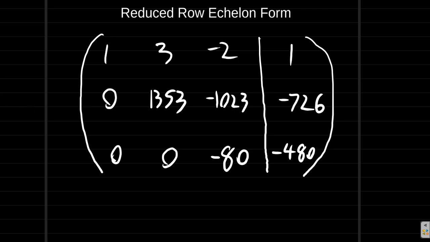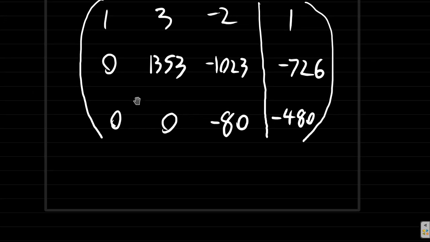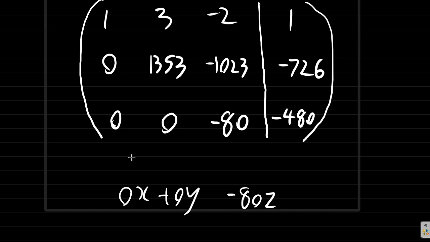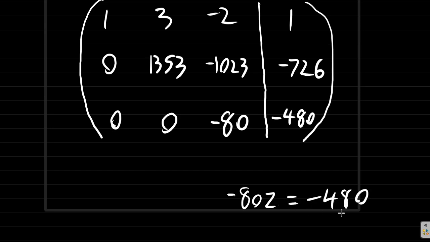We wrote it in equation form, and we had 0x plus 0y plus negative 80z, though we didn't bother to write the 0x and the 0y, equal to negative 480, and then we divided to find z. What we got for z, we put it here.